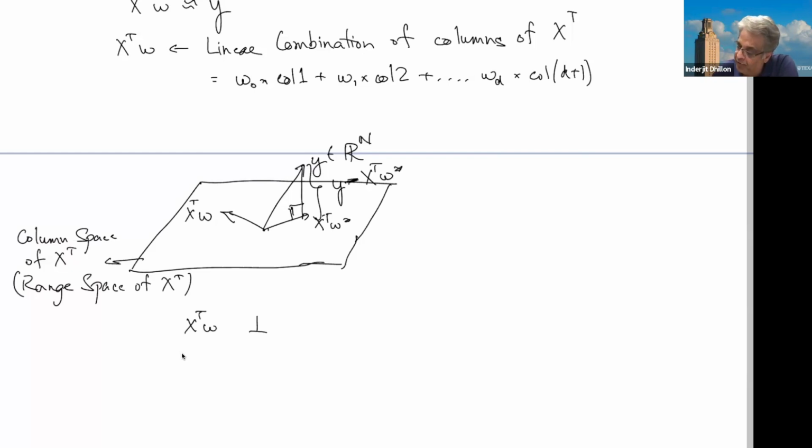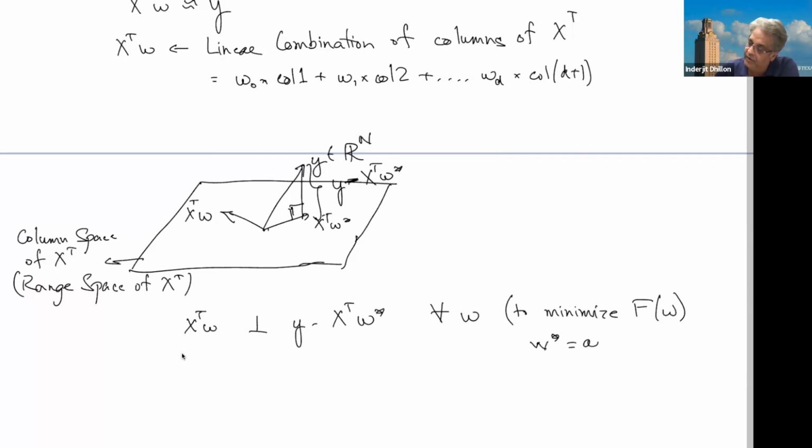So X transpose W must be perpendicular to Y minus X transpose W star for all W. And if that's the case, then it'll end up minimizing F of W. That means that W star would be the argmin of F of W.